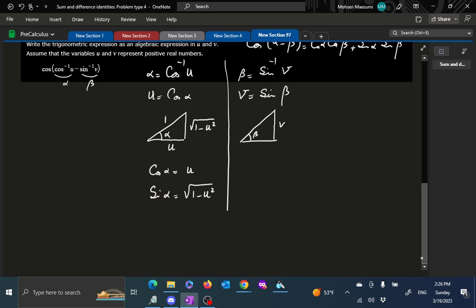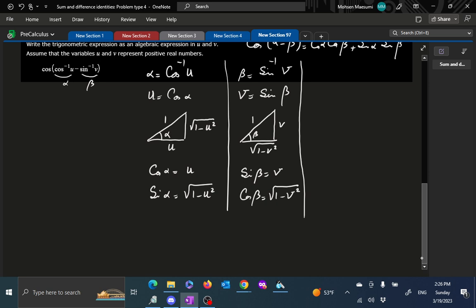Well, the opposite is v, and the adjacent now becomes radical 1 minus v squared. Let's repeat. Sine of beta is v. Cosine of beta is radical 1 minus v squared. So we're done with that.